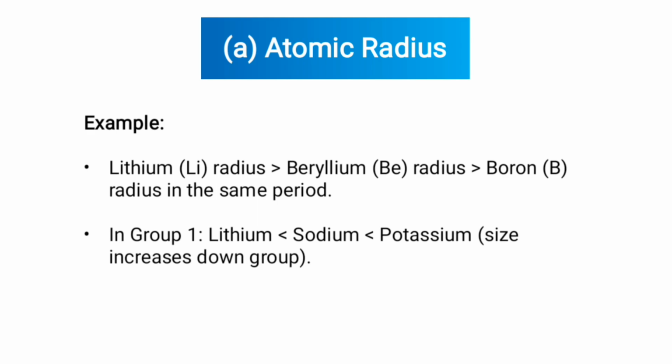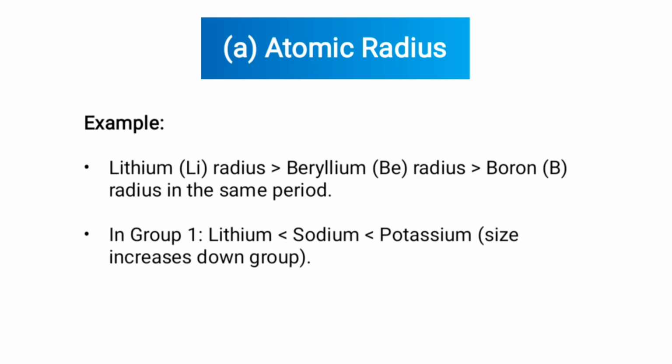Now, examples of atomic radius. In the same period, lithium's radius is greater than beryllium's radius, which is greater than boron's radius. This means atomic radius decreases across a period.